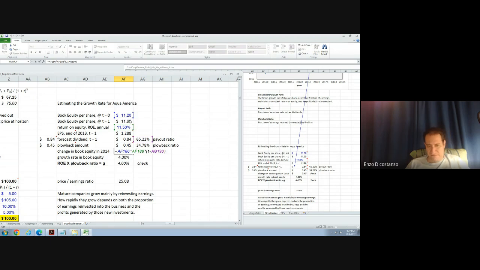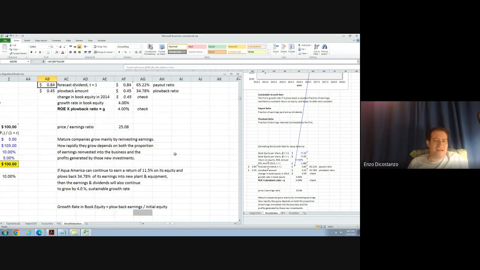I would avoid these concocted formulas, because even for somebody like me that's very experienced, I have to ask, what is that? I really try to break it down like an accountant would look at it, believe it or not. And then the growth rate is just the plowback divided by the equity, which is right there. And this is your check, the plowback times the return on equity. So that's ROE times plowback ratio. These are a couple of checks of how we broke down the earnings per share based on these percentages.